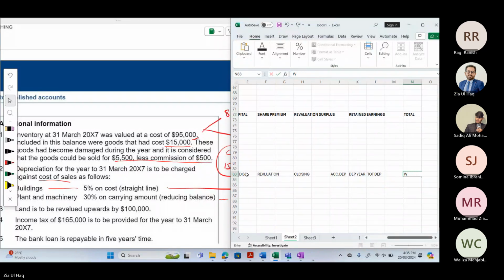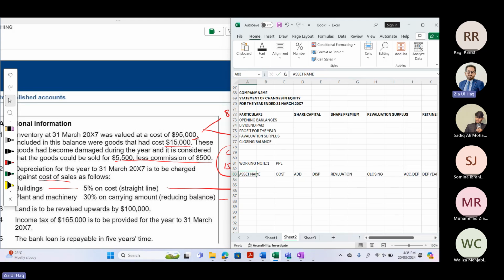WDV. Okay. So we're having 3 types of asset: land, building, plant and machinery.